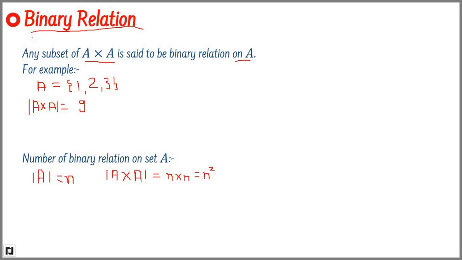So the number of binary relations means the number of possible subsets which can be formed on the Cartesian product of A and A. We know the formula that the number of possible subsets is 2 to the power cardinality of the set. Here the cardinality of the set A cross A is n square. So the total number of binary relations on a set A is 2 to the power n square.